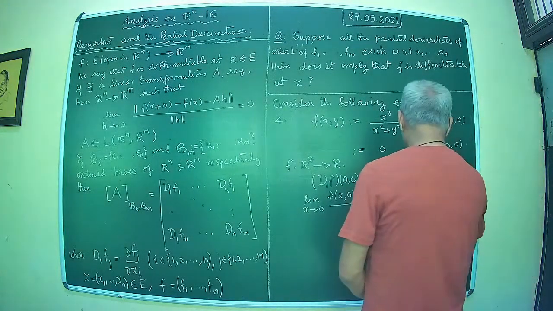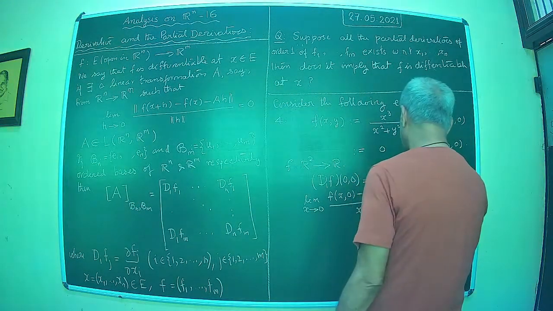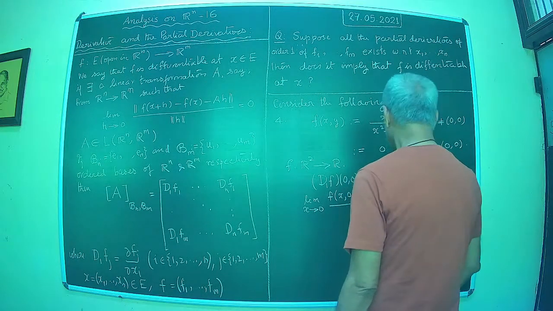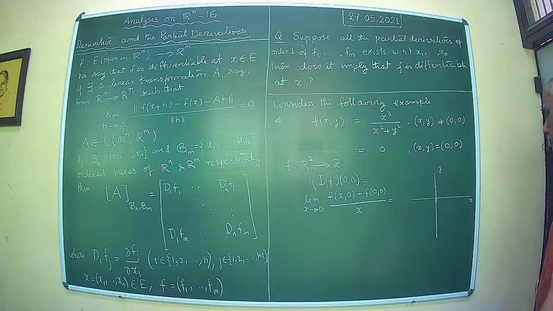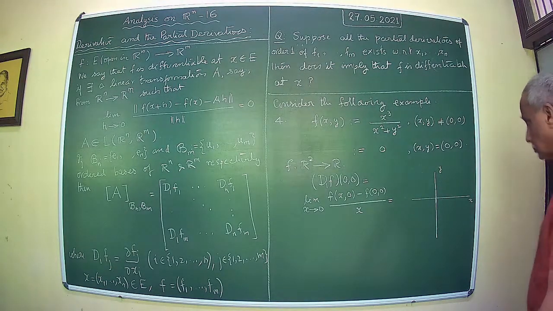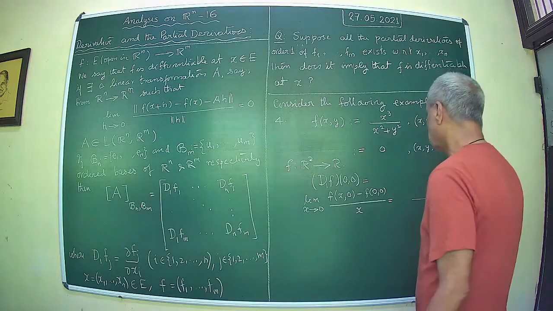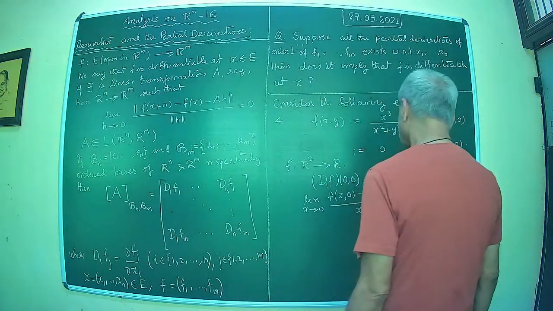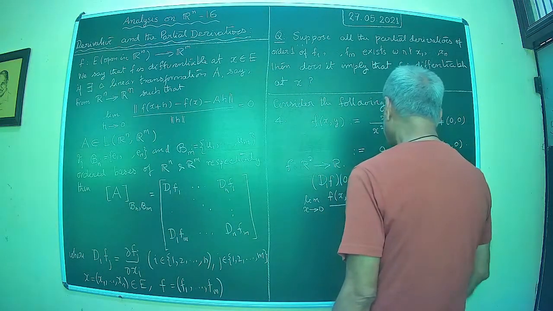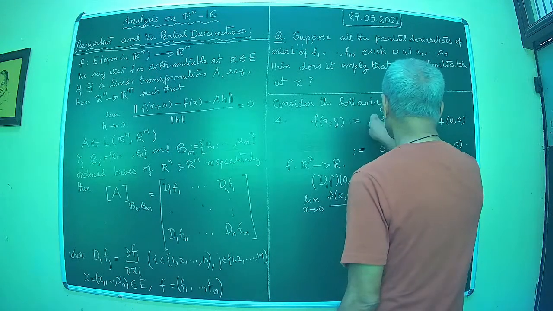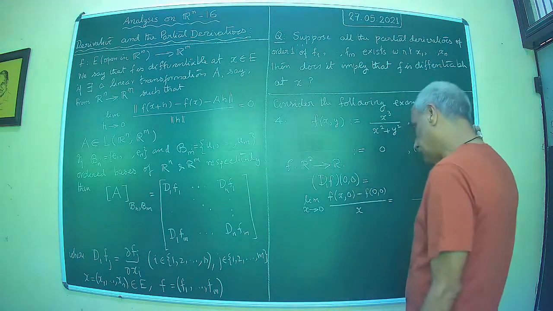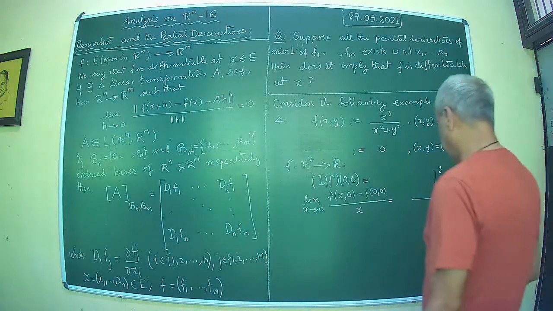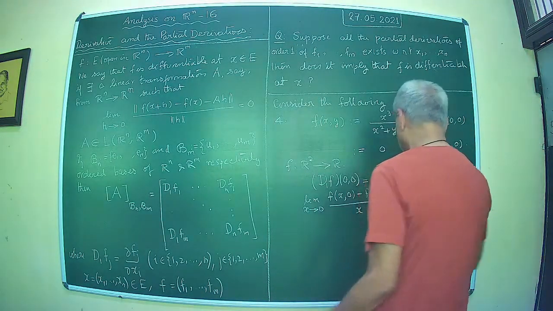And this you can easily see: you are setting y equal to 0, therefore it is x cube by x square, so it is x. So x minus 0 divided by x, therefore this is equal to 1.